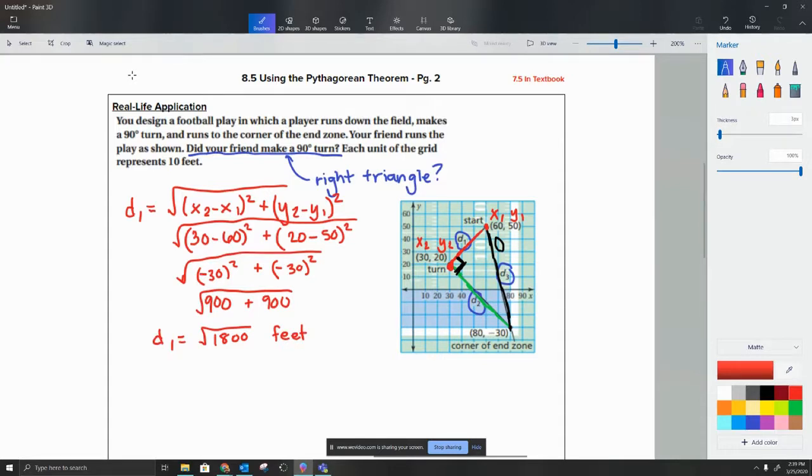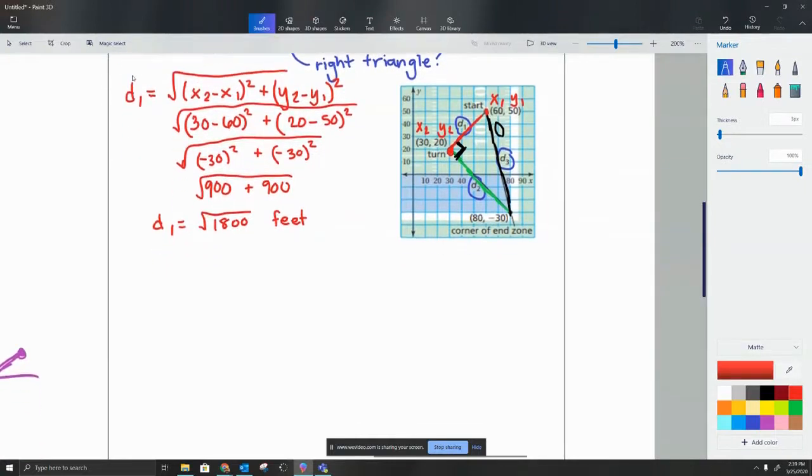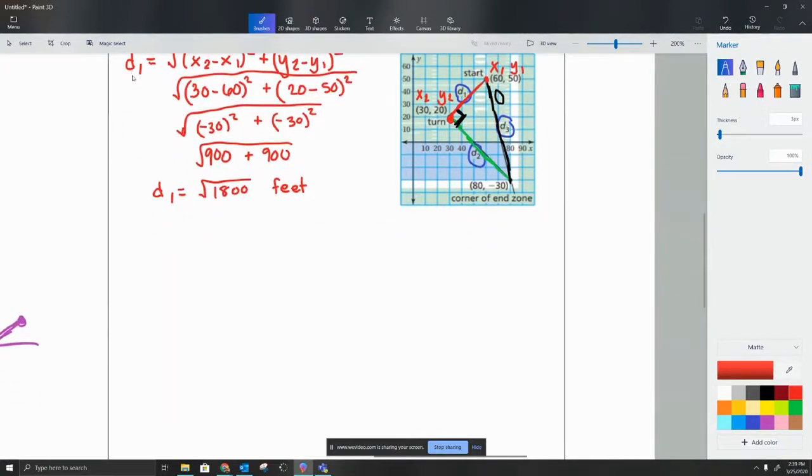So that's D1. We've done one of 4 steps in this process. So we're going to do D2 now. I'll do this one in green. So D2, we're going to use this point where he turned and this point where he caught the ball. That's going to represent how far he ran from those 2 points.